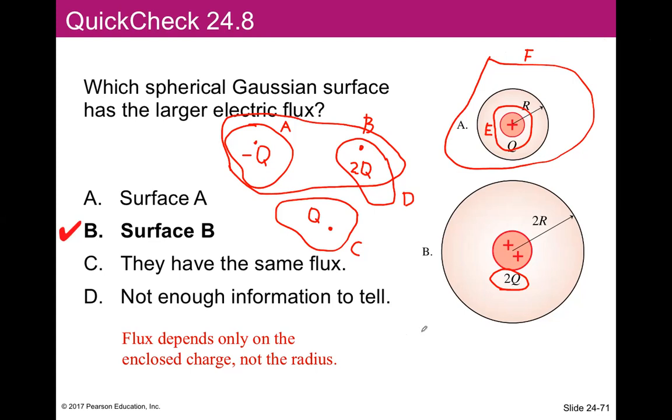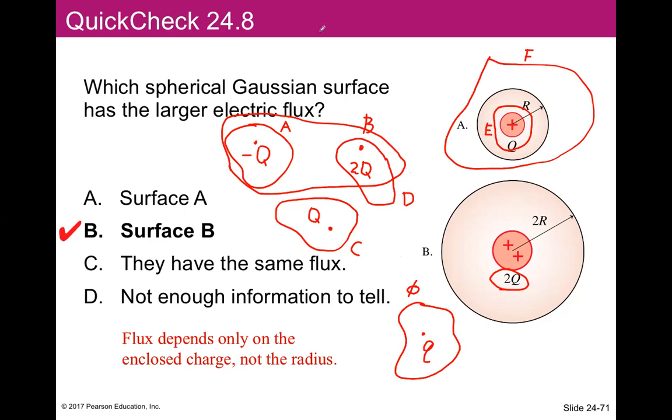Now you have a charge of Q, and you have a Gaussian surface here. You get the flux to be, let's say, phi on this surface. Sorry, it was D. Oh, okay. Now let's take a look at why the D has the largest flux.